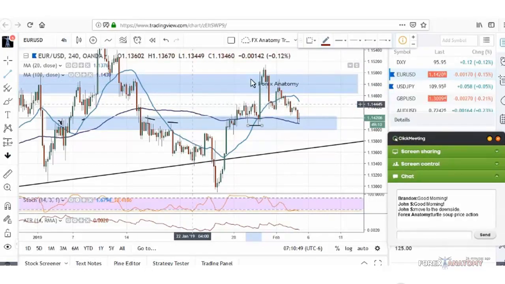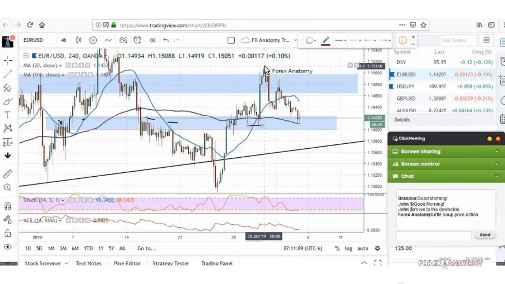So in this case, we see this correction, and this is what you would probably consider to be an ABC pullback or an AB equals CD move. What you typically see is that the market always has moves or corrections that are similar to previous moves or previous corrections. So in this case, we have this first move lower right here.